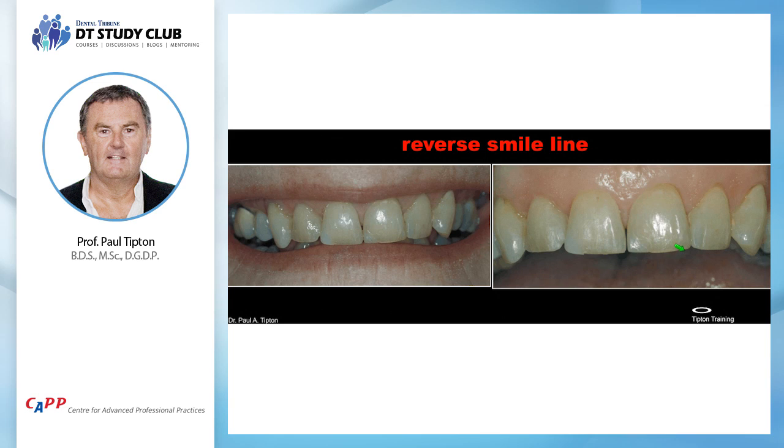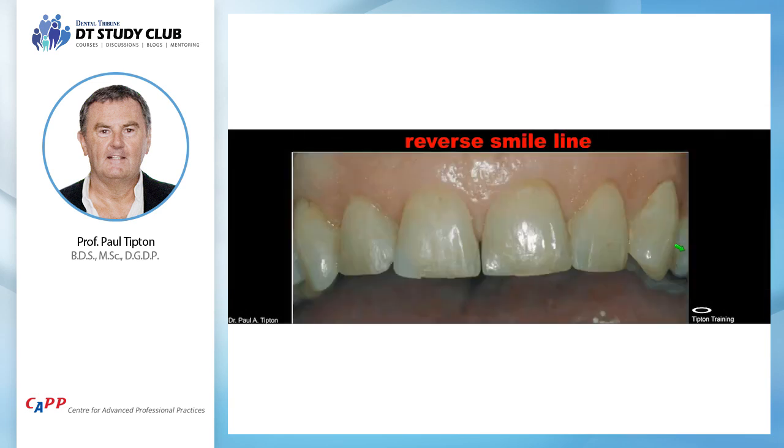So we have a lady here who's got a reverse smile line, and we look at a closer view. You can see that from the canine here to the canine here and to the centrals, rather than being a convex curve, it's a concave curve. So it means that these central and lateral incisors are far too short.